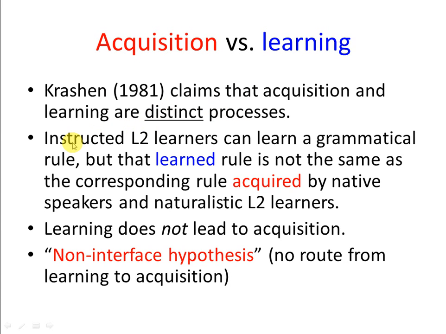And so, for example, instructed second language learners can learn a grammatical rule, but that learned rule is not the same as the corresponding rule acquired by native speakers and naturalistic second language learners. So for example, let's say plural S. So one book, two books.